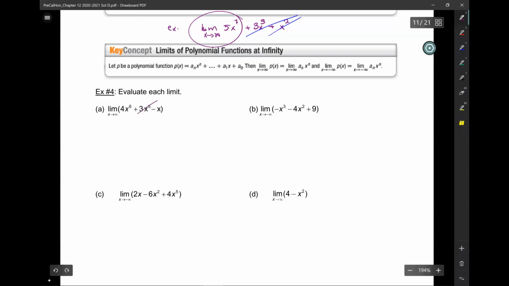You throw these away. You only take the term with the highest exponent. That's 4x to the 6. So now, if you plug in a positive value in there, your result will be positive, correct? So this is positive infinity or DNE.